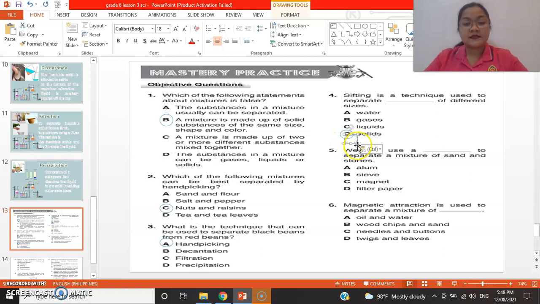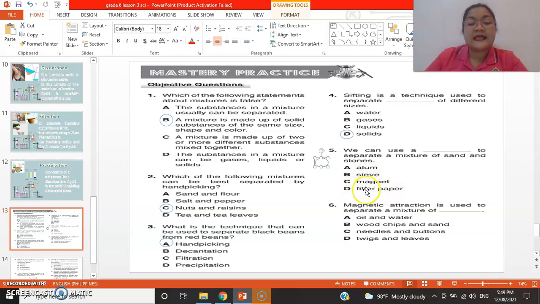Next, number 5. We can use a blank to separate a mixture of sand and stone. Letter A, alum. Letter B, sieve or colander.